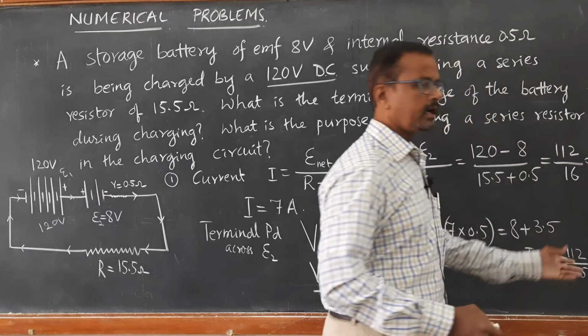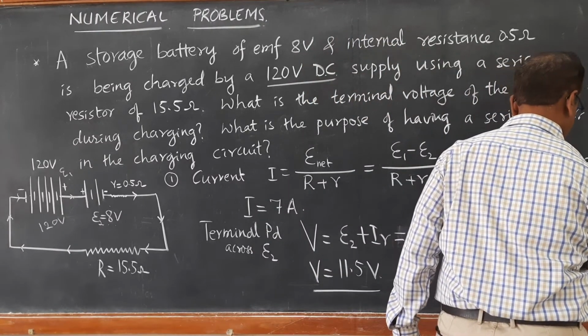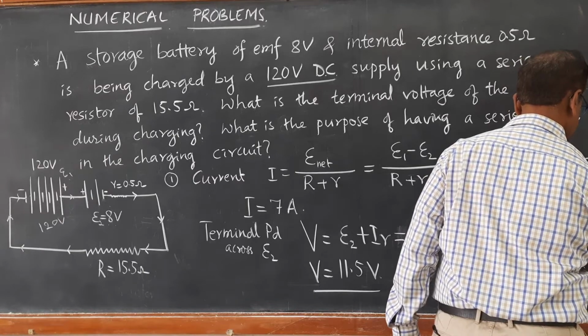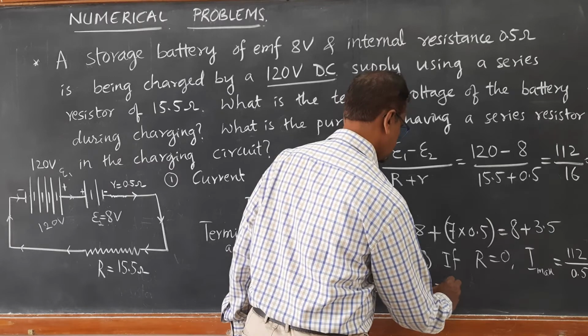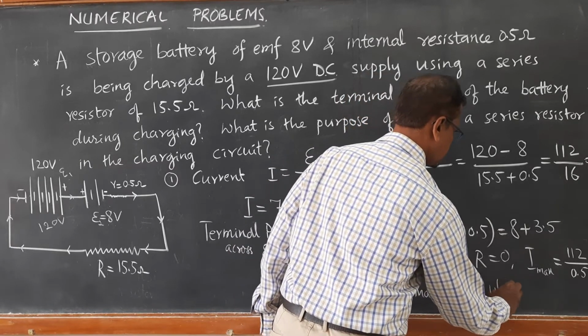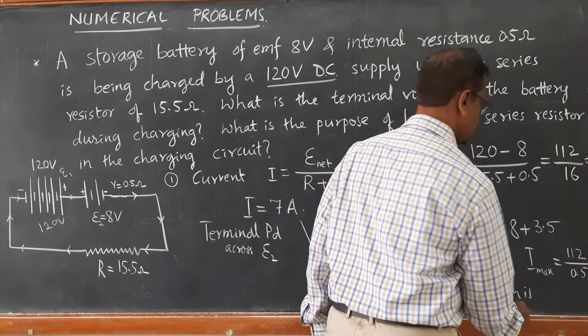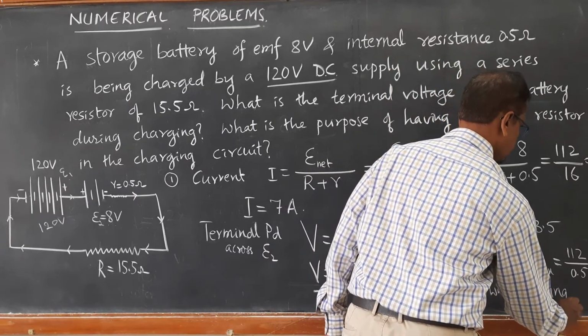So 112 divided by 0.5 becomes 224 ampere. That is, I max becomes 224 ampere, which is dangerously high, infinitely high and dangerous.